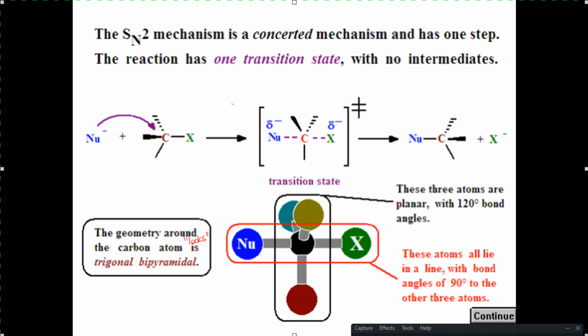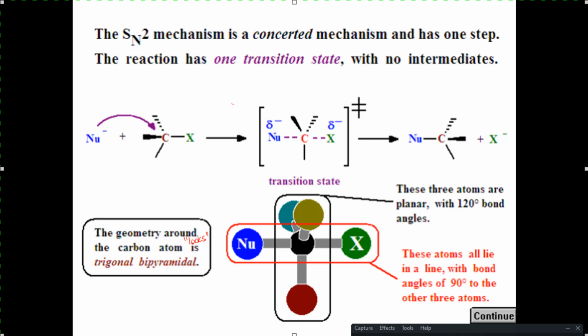As the nucleophile approaches this carbon, these bonds will swing out and become trigonal planar. Then as the halogen leaves and the nucleophile comes in, those bonds end up over here, pointing towards the halogen. So this is what the transition state looks like.